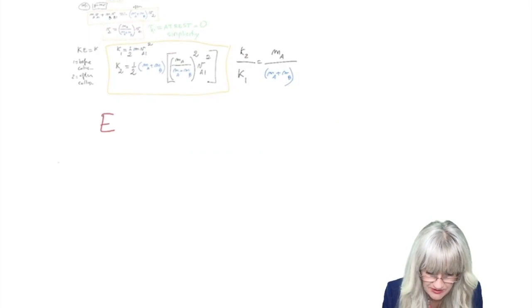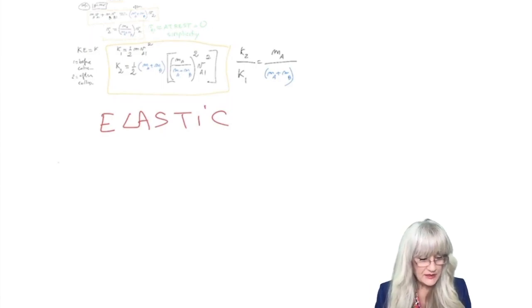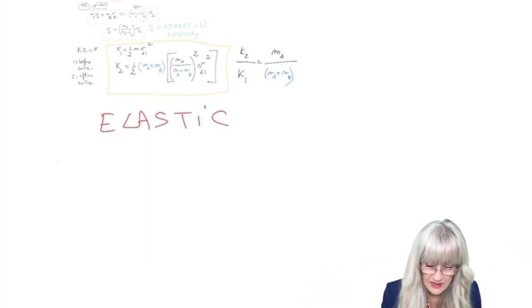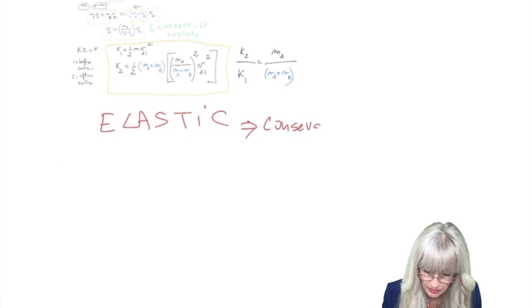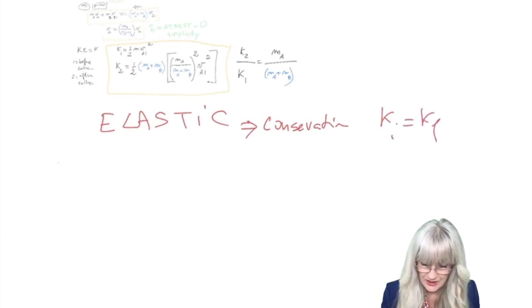So here is elastic collision. Again, you have two bodies that come together and they bounce back. In this elastic collision, there is a conservation, which means the initial kinetic energy is equal to the final kinetic energy.